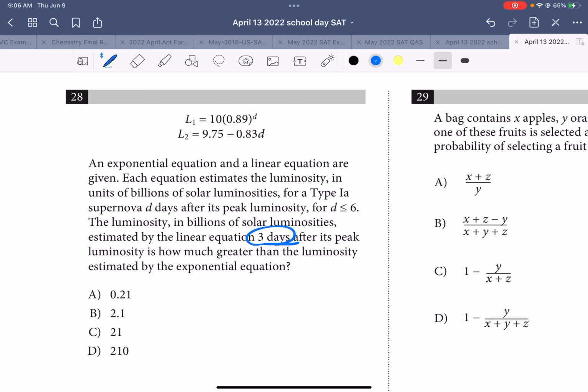So I'm going to substitute 3 into both equations and see how much greater the value for the linear equation is than the exponential equation. So let's calculate the exponential: 10 times 0.89 to the third power. Put it in the calculator.